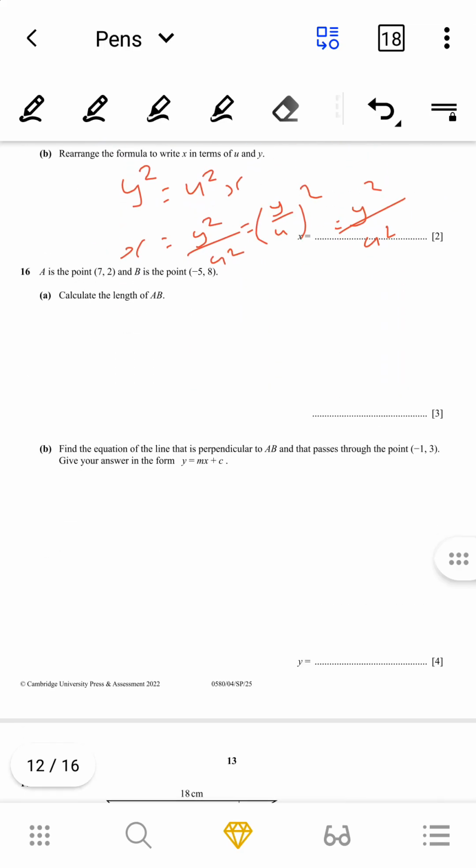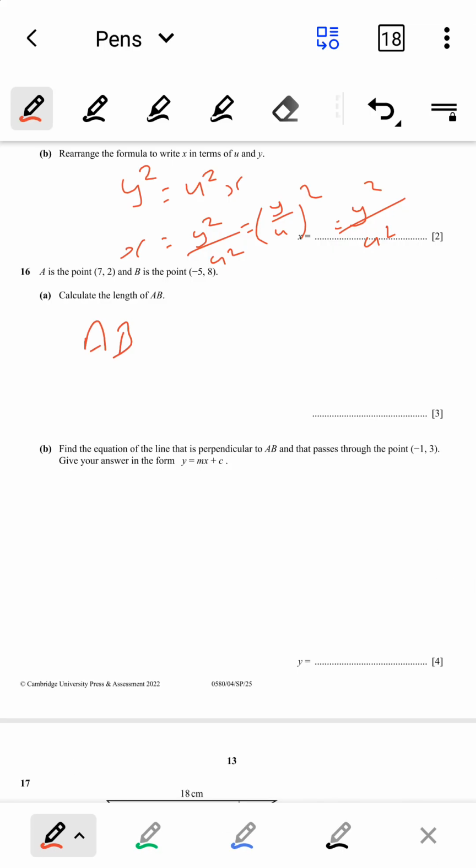A is the point 7, 2 and B is the point -5, 8. Calculate the length of AB. Yeah, the distance between the 2 points. There are 2 ways to do it, by using the vector concept or else by going with the normal distance formula. You know how to calculate the distance between the 2 points, that is the square root of x2 minus x1 the whole square plus y2 minus y1 the whole square.